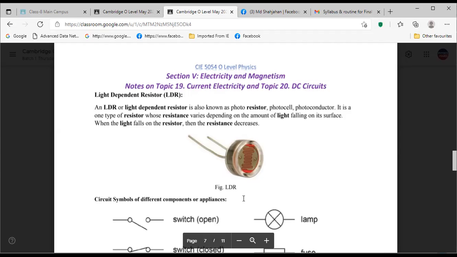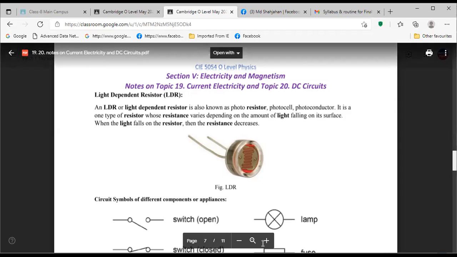Okay, so here you write the heading light dependent resistor, then only write this part: when the light falls on the resistor, then the resistance decreases.